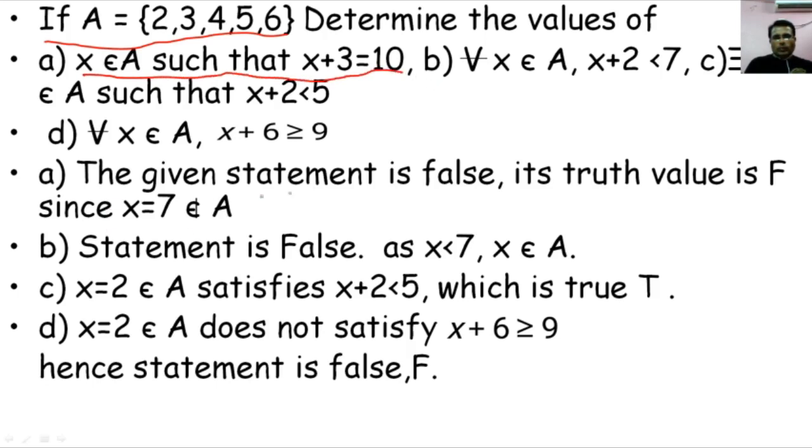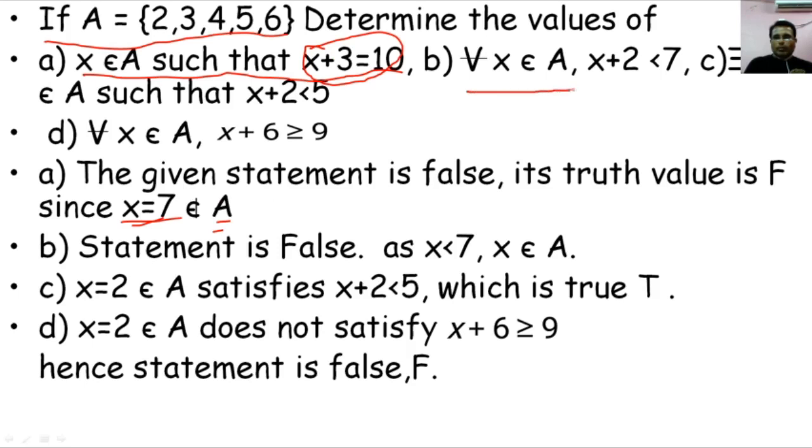The given statement is false, since x equal to 7 is not an element of A. For x plus 3 equal to 10, the solution is x equal to 7, and 7 is not in the set, that is why this statement is false.